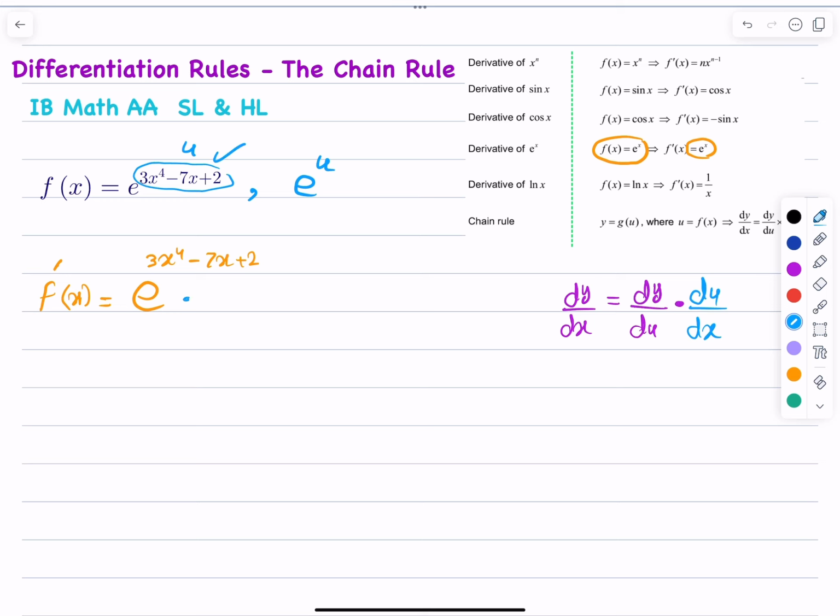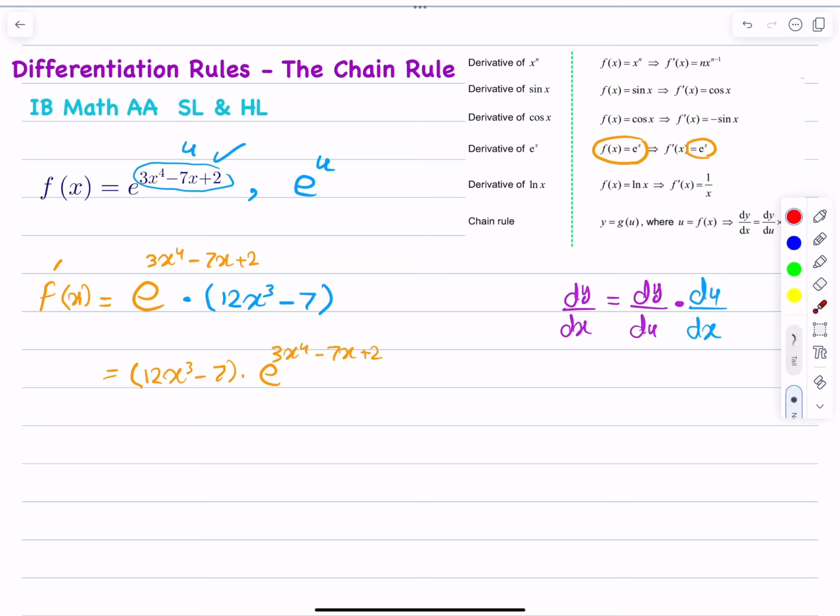When we differentiate u, it becomes 3x to the power of 4, when differentiated, will be 12x cubed. 7x will be just 7, and when we differentiate 2, it goes away. So this is the answer. We can write it like this first: 12x cubed minus 7 times the same e to the power of 3x to the power of 4 minus 7x plus 2. So here is the quick way.